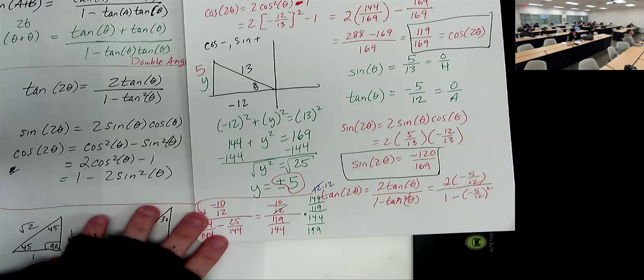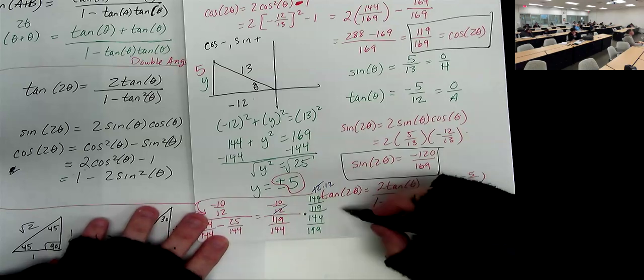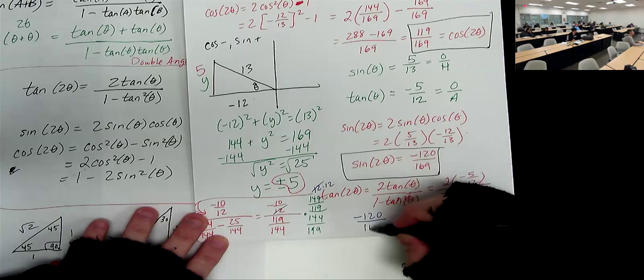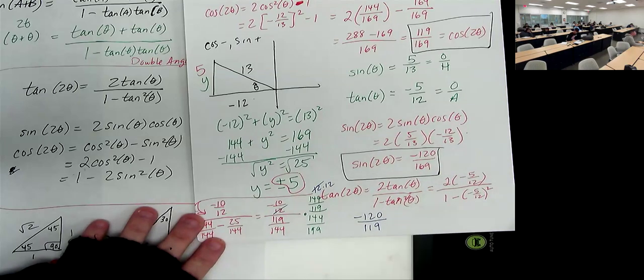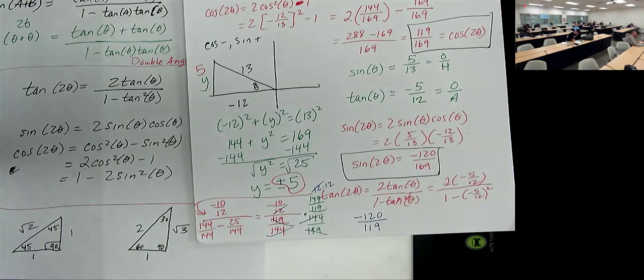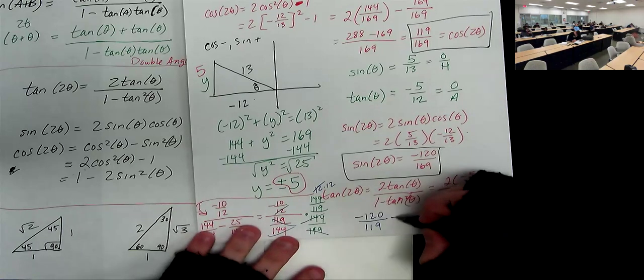And 119, I think is prime. So I've got -120 over 119. That cancels, that cancels, that cancels. That looks about right. And that's tangent 2 theta.